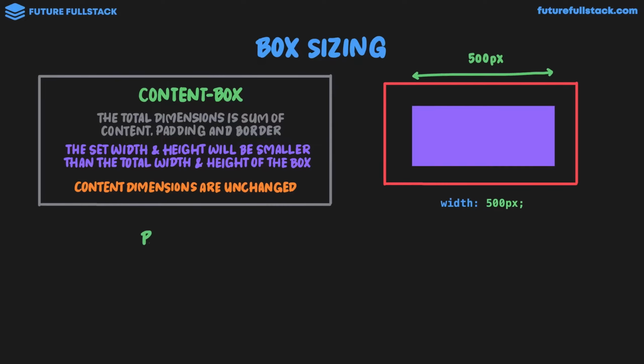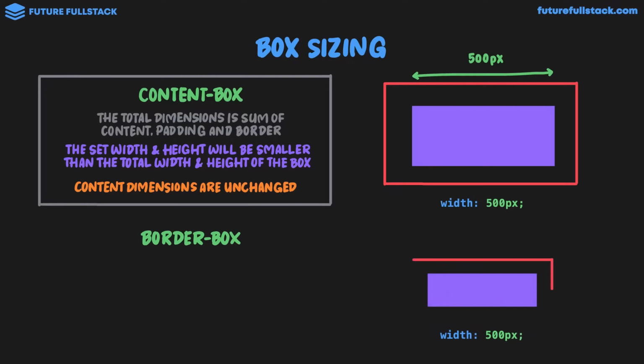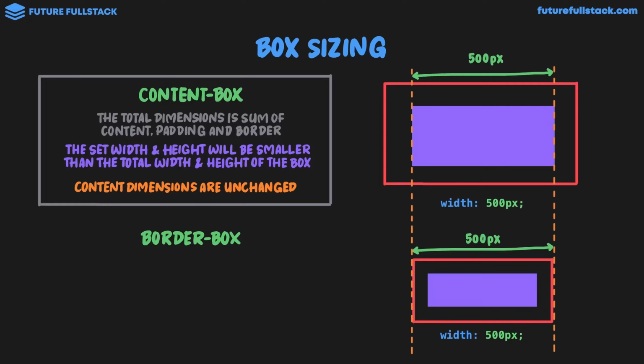Let's now talk about border-box. For border-box, if we set a width of 500 pixels, we'd actually end up getting something that looks like this, where now the total width is actually 500 pixels. That is, the content, padding, and border width all add up to 500 pixels. You can see when I add in these orange lines, the big difference between content-box and border-box. In content-box, the width is just the width of the content. In border-box, the width is the total width of the content, padding, and border.